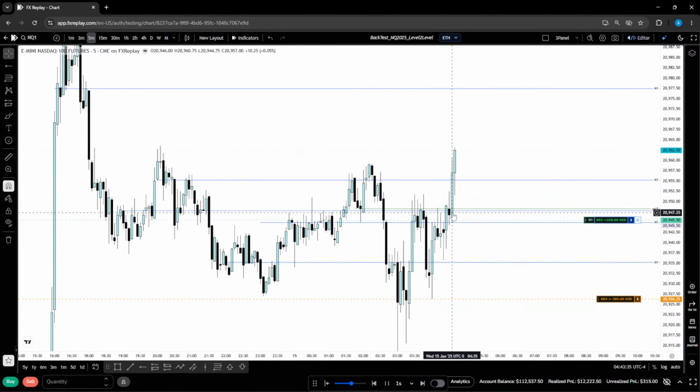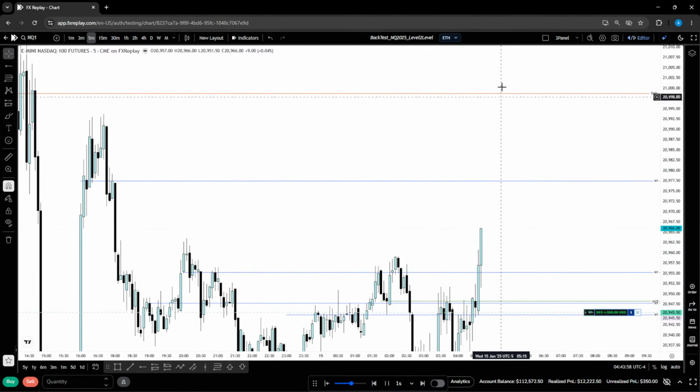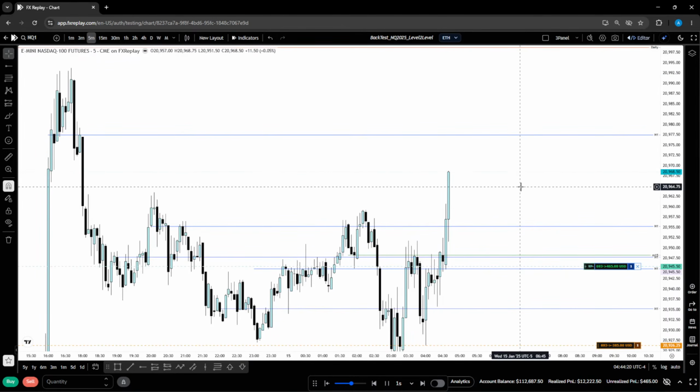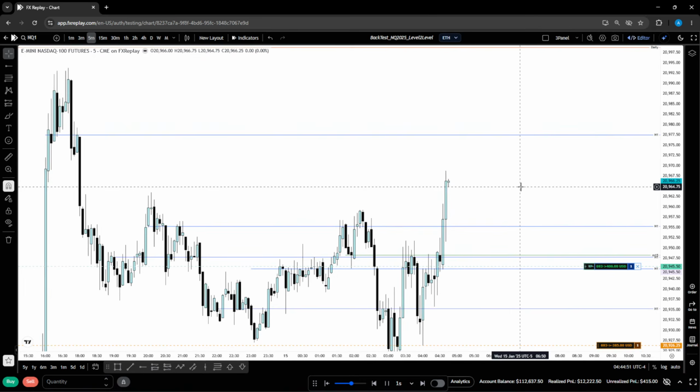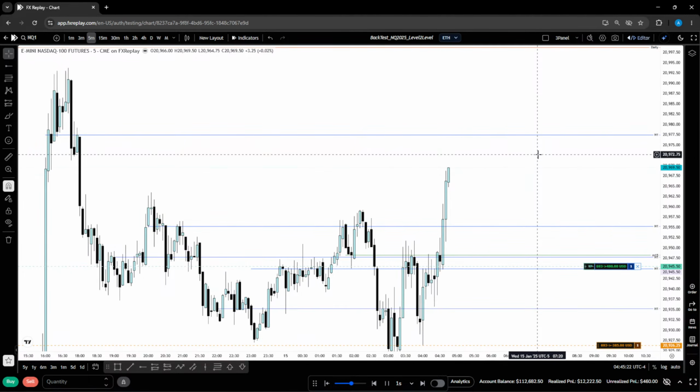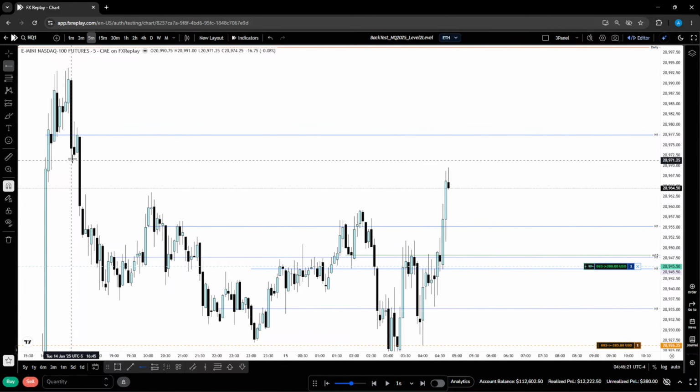Okay, now these highs are taken. We'll see if this move up has legs or not. This would be one level that could push the price down.